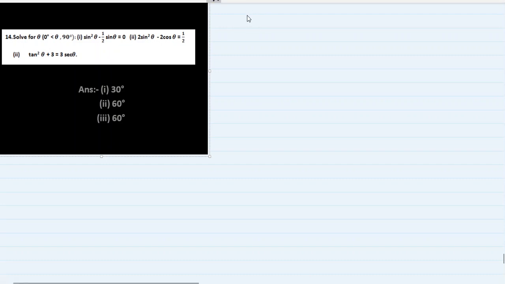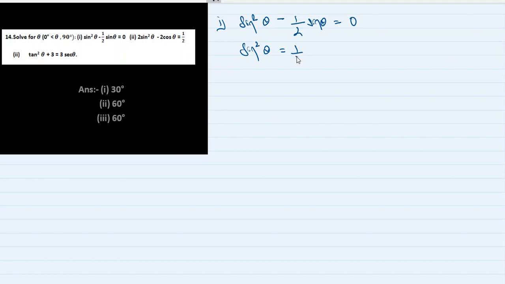Okay, solve for theta, where theta is between 0 and 90 degree. Number 1, first equation. Sine square theta minus half sine theta is equal to 0. So this is also like trigonometrical equations, but with theta. So we have to find theta. So sine square theta is equal to half sine theta. 2 will go that side.